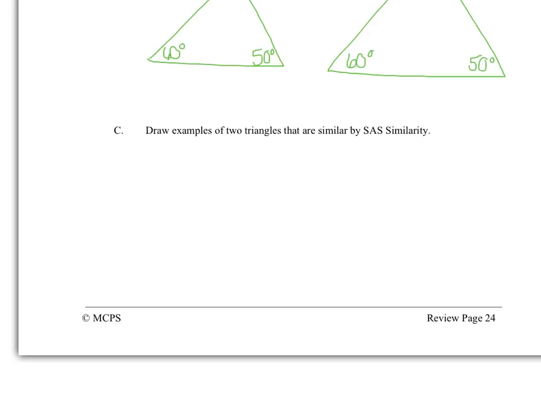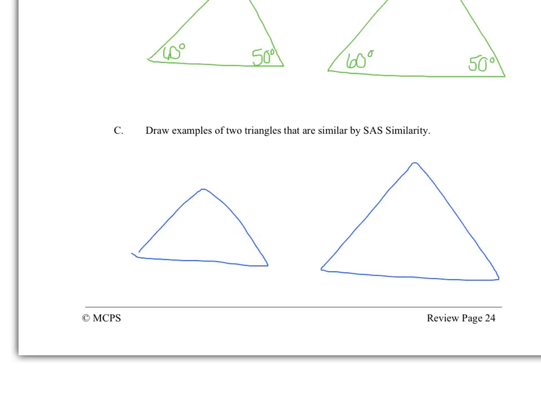Finally, I'm going to draw examples of two triangles that are similar by SAS. So here are my two beautiful triangles. I need two sides that are proportional and the included angle to be congruent. So I'm going to pick, let's say, 10 and 20.